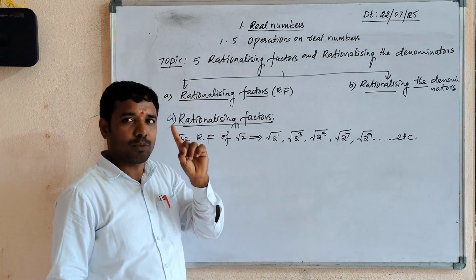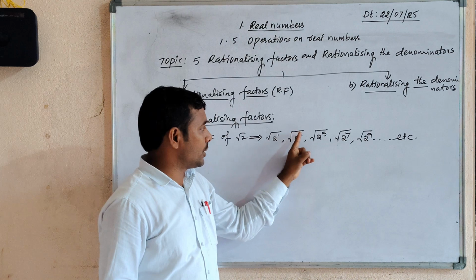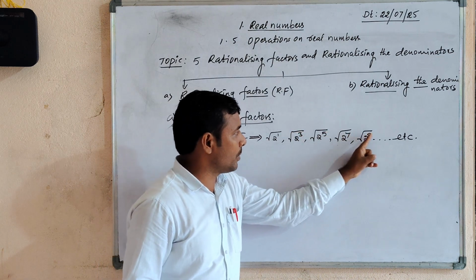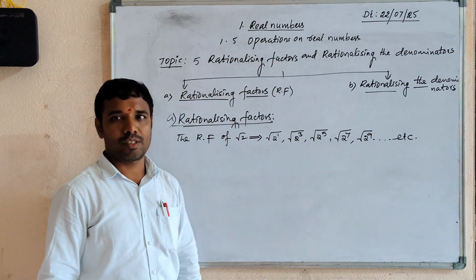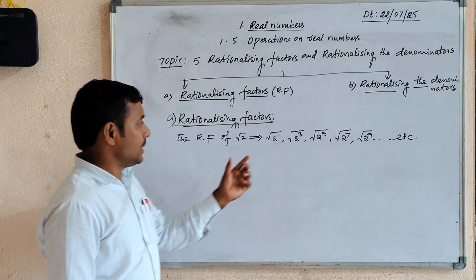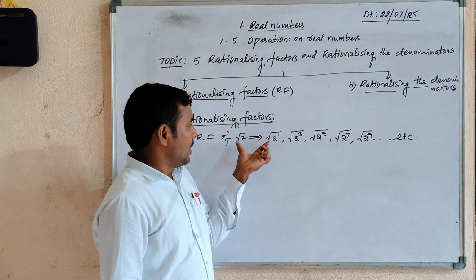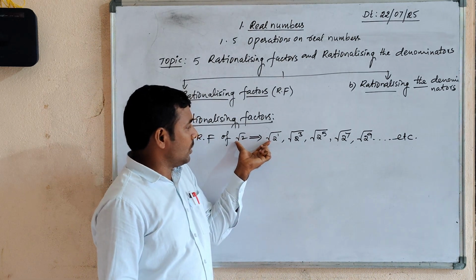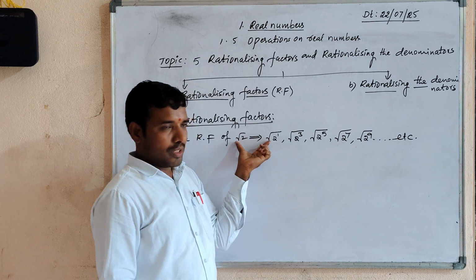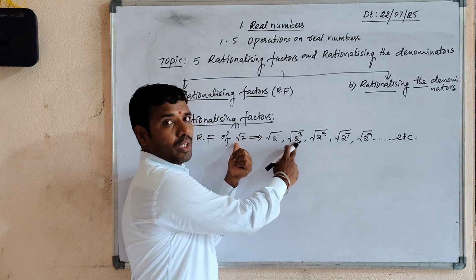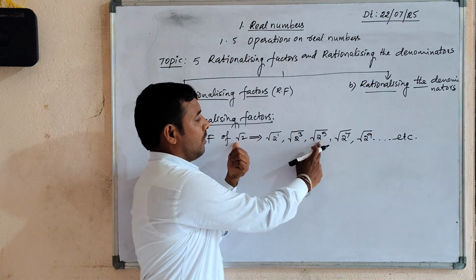And observe one more logic in this: observe your exponents, odd numbers only. Don't forget this. Why? Because if you multiply both, you will get a rational.